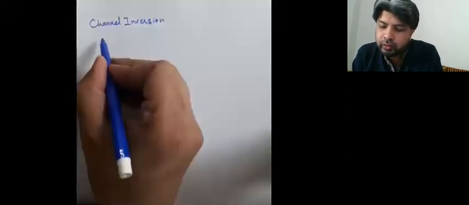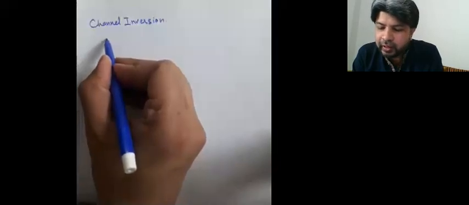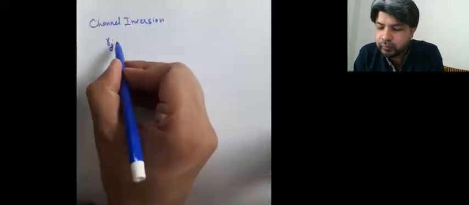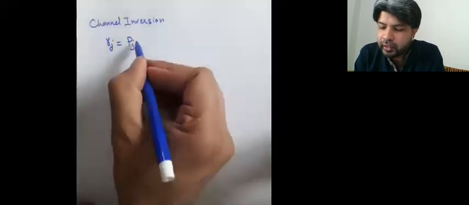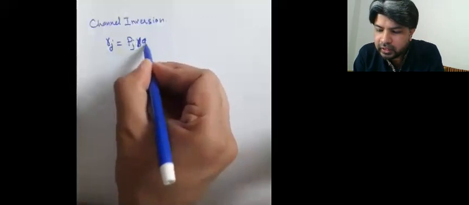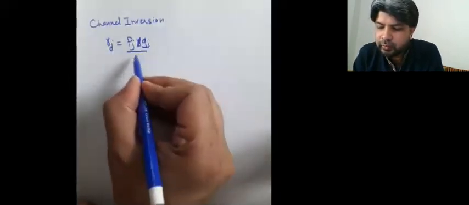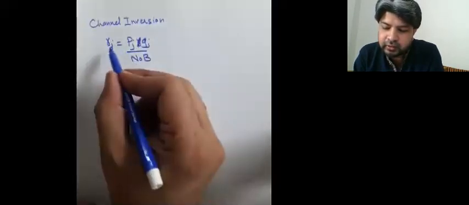So in the last couple of videos, we defined our instantaneous signal to noise ratio gamma j to be equal to the transmitted signal power in the jth state times the gain of the channel at the time of the jth state divided by the noise power N naught B. That was your jth state signal to noise ratio.